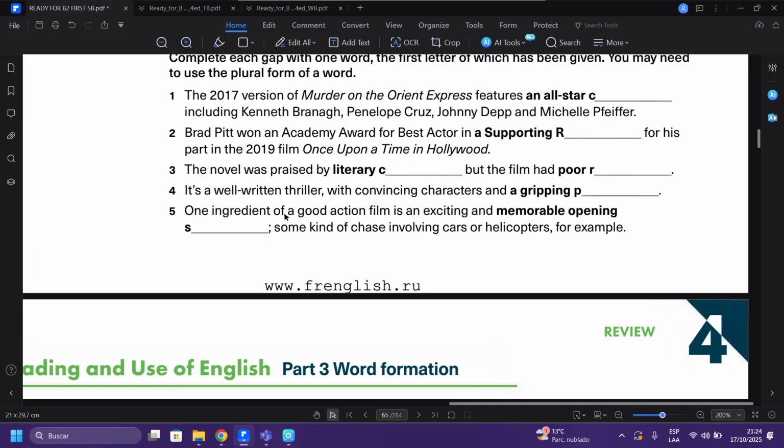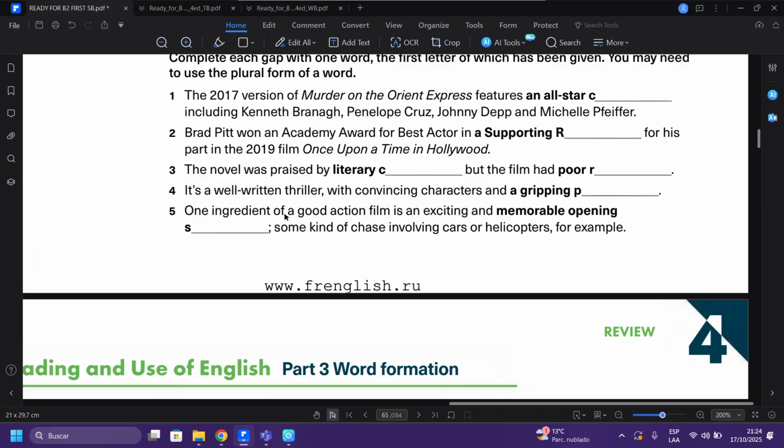Brad Pitt won an Academy Award for being the best actor in what? In supporting... role. Yes, role, perfect.